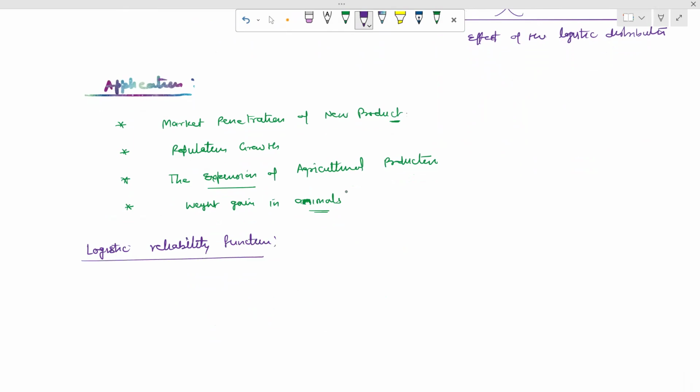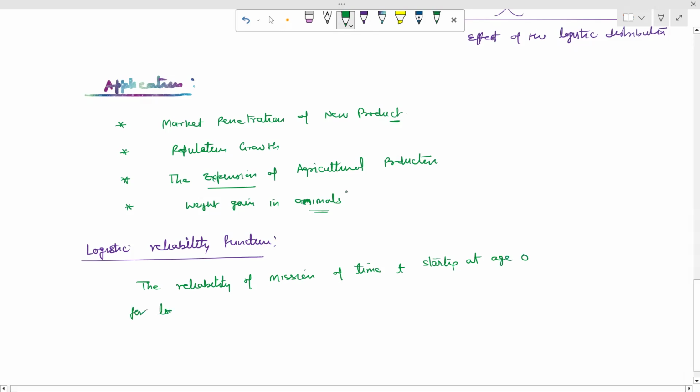For the logistic reliability function, we define the reliability for a mission of time t, starting at 0, for the logistic distribution as follows.